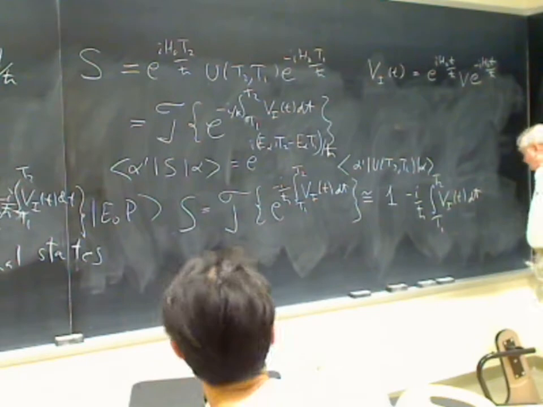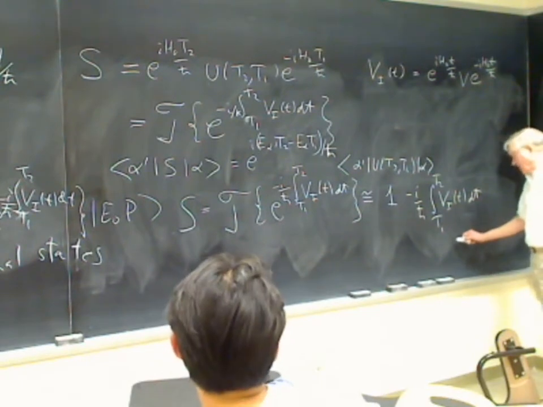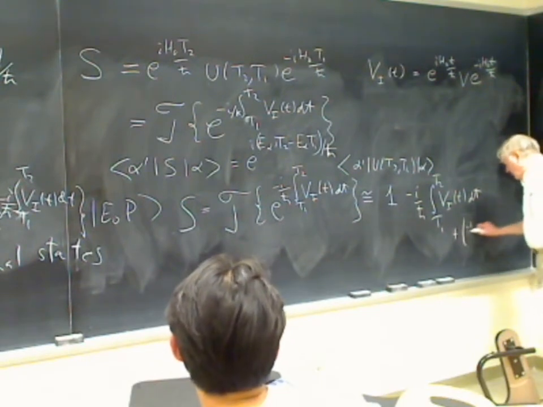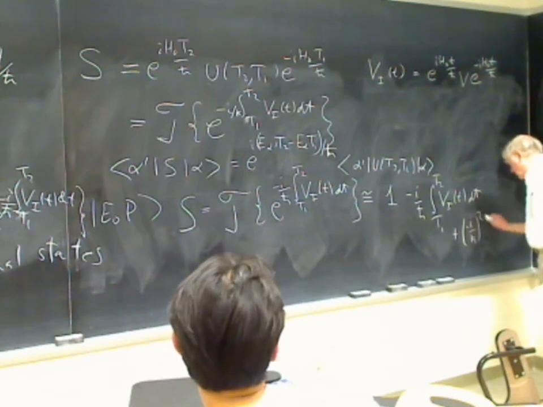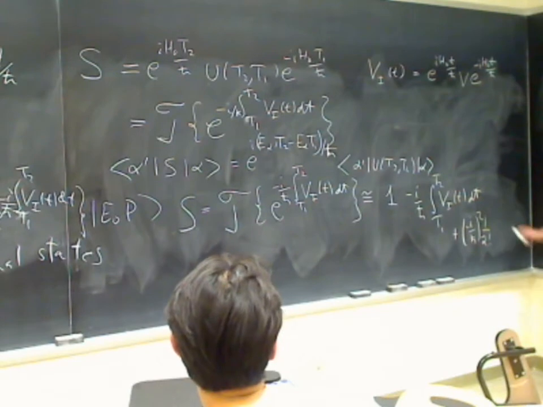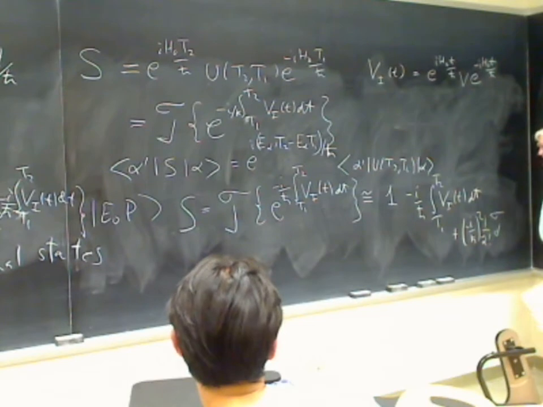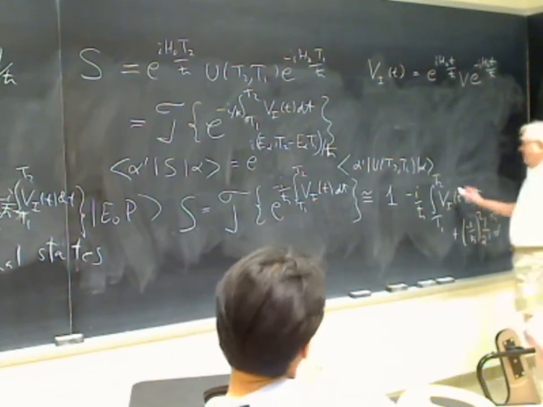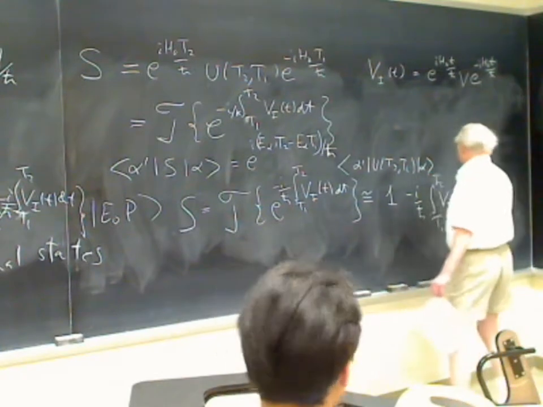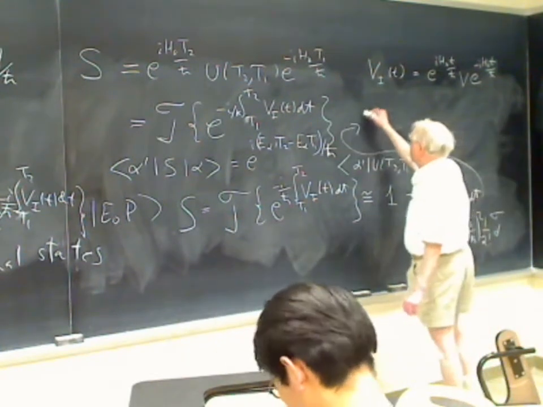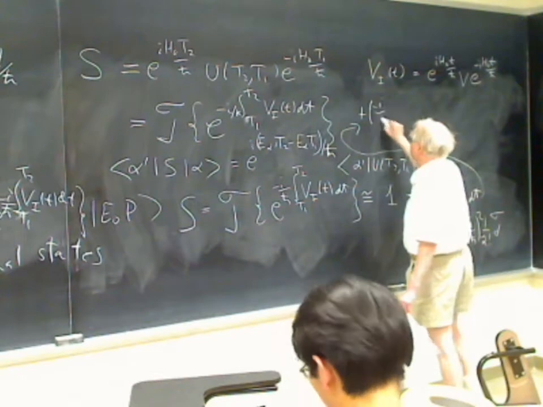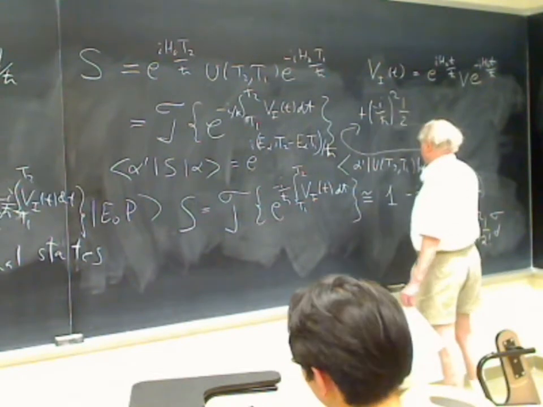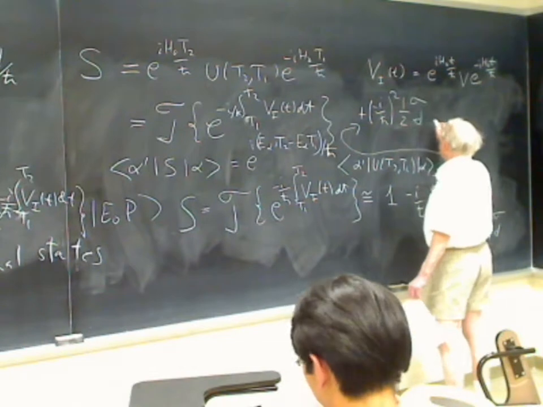The next term is minus i over h bar squared over 2 factorial, which of course is just 2. Now we do have a time-ordered product. Let me write this one up here. So plus minus i over h bar squared, 1 over 2 factorial, time-ordered product.